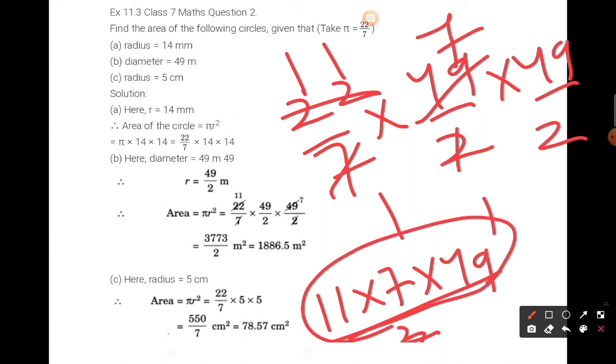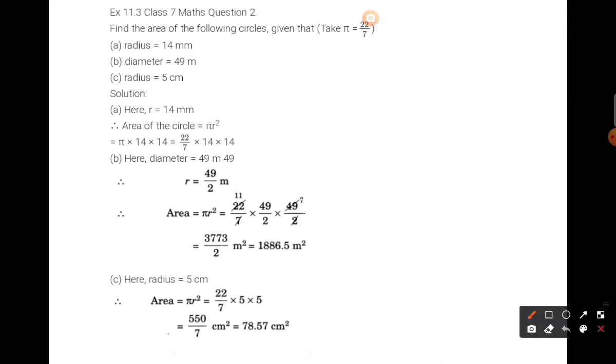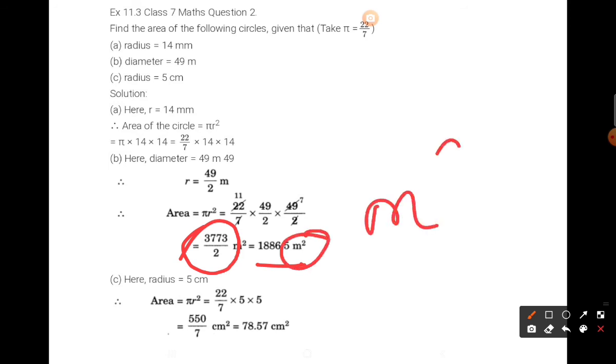So if you multiply these 3, 11 into 7 into 49, your answer will be 3773. So this 3773 by 2, you need to divide it by 2, and after dividing you will get this answer: 1886.5 meter square. Don't forget to write meter square because for area we always use square units.